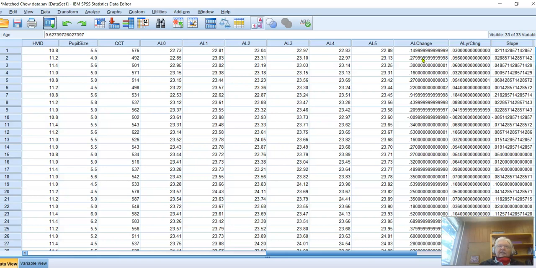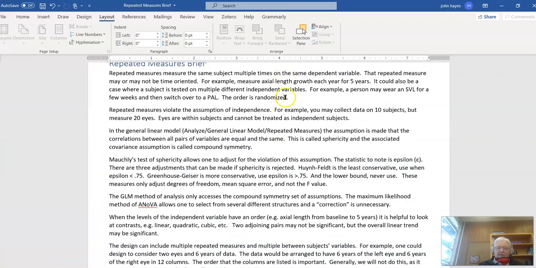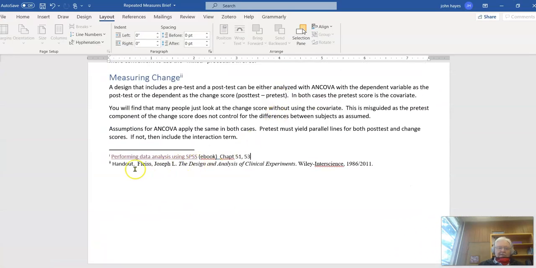And in our Moodle, we have a reference for this. It's a handout that's in Moodle, and it's Joseph Fleiss, The Design and Analysis of Clinical Experiments, and he has a chapter on change. Okay.